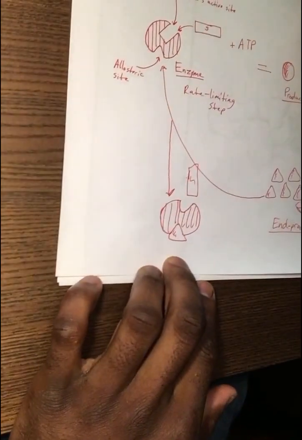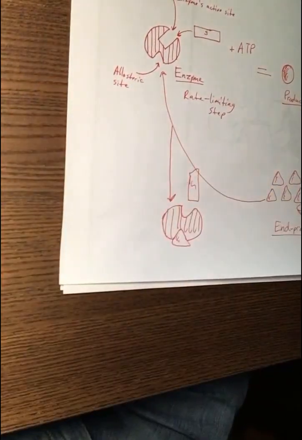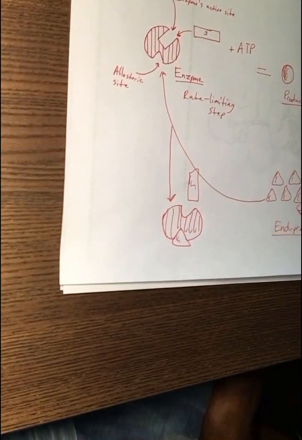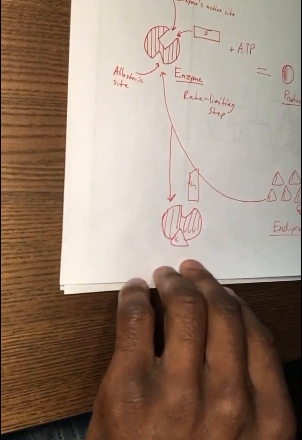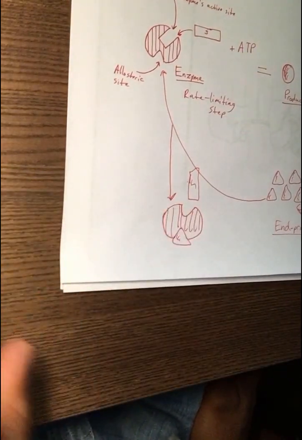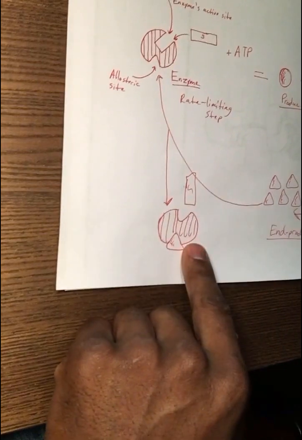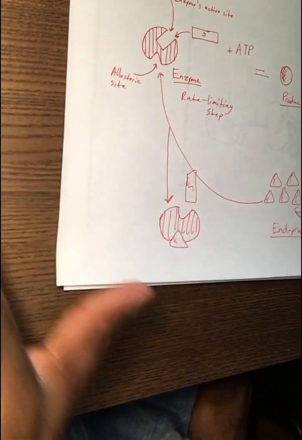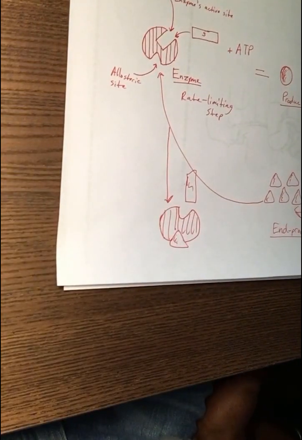See that? That's just my representation of it, to show that this shape change causes limitations in the enzyme's activity. Thus, we have allosterically modified this enzyme.